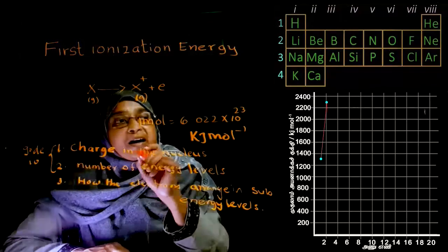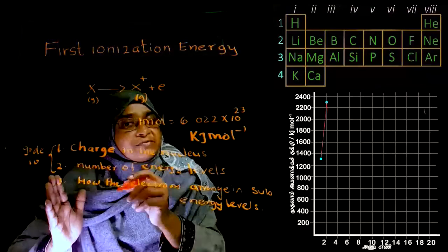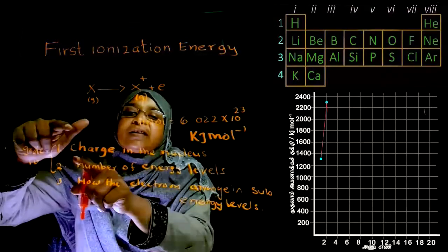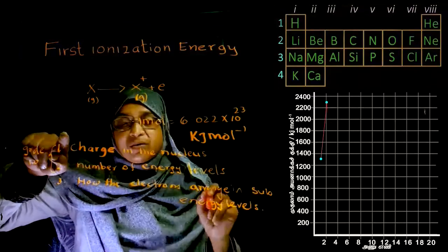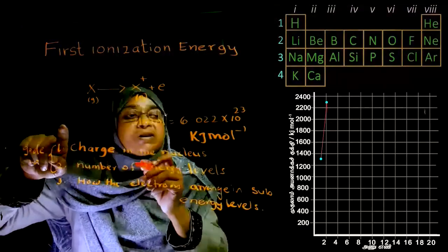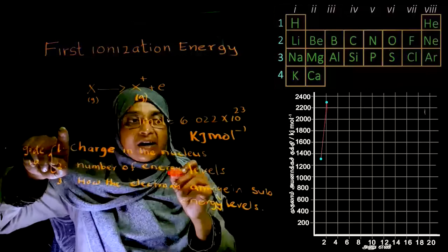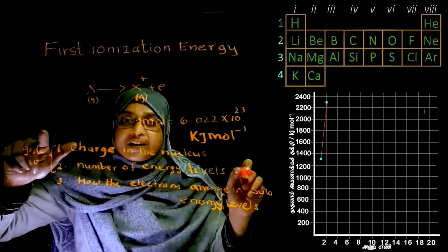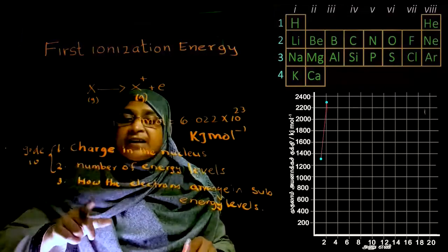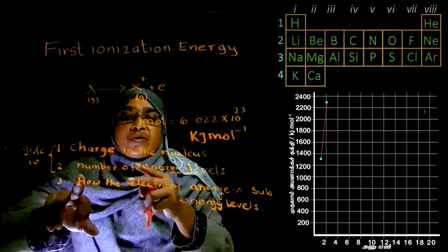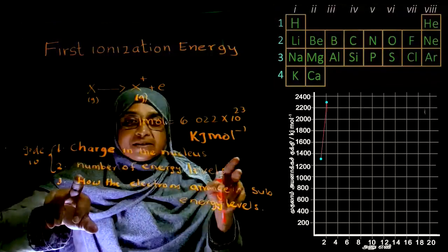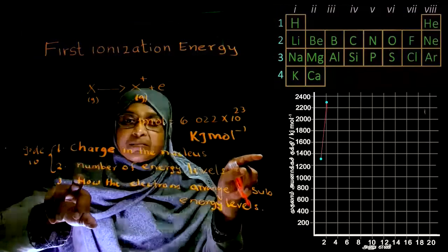Period number 2. Along the period from left to right, the charge in the nucleus increases because the number of protons increases along the period. The number of energy levels is 2 for all the elements in period number 2.